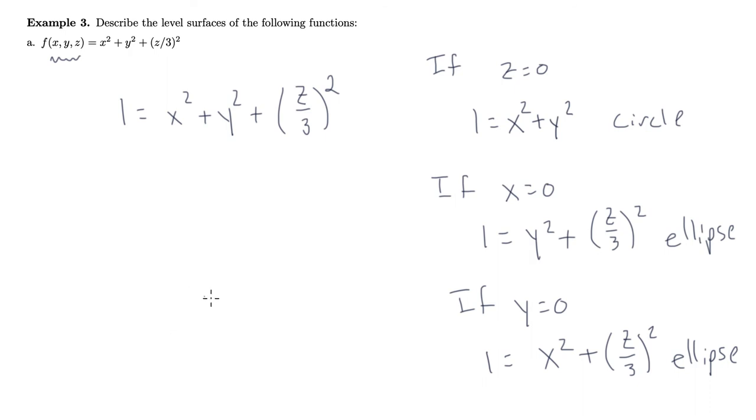So what that looks like, carefully. Here's the x-axis, y-axis, z-axis. So what we have is something like, in the z direction, we're going up all the way to 3, because think about the yz plane. We have this ellipse.